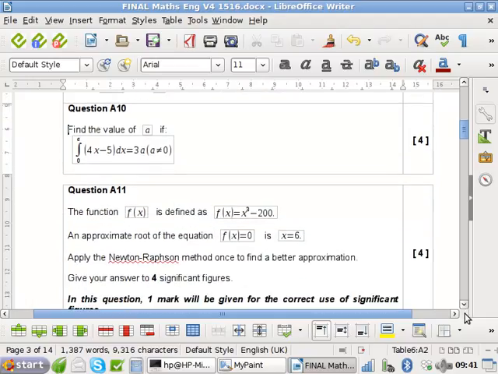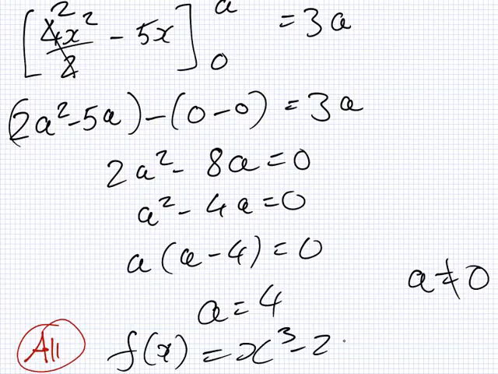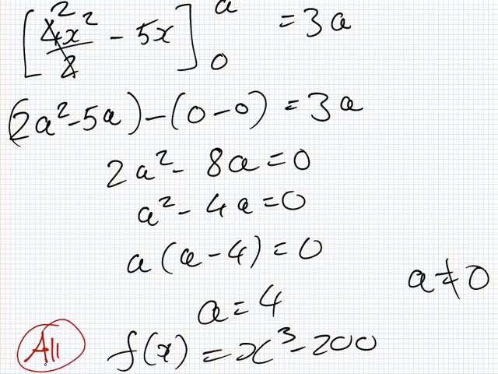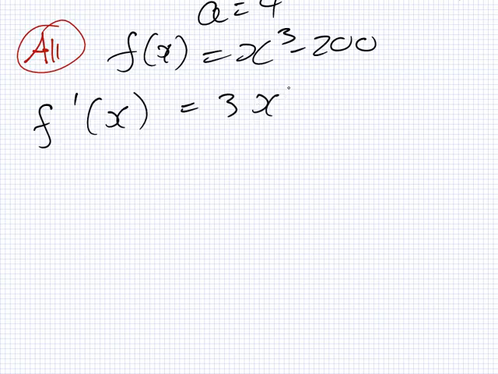Right, f(x) is x cubed minus 200. Use Newton-Raphson once to find a root. Forgot Newton-Raphson? Oh my goodness. So first we need to calculate the derivative, which is 3x squared.